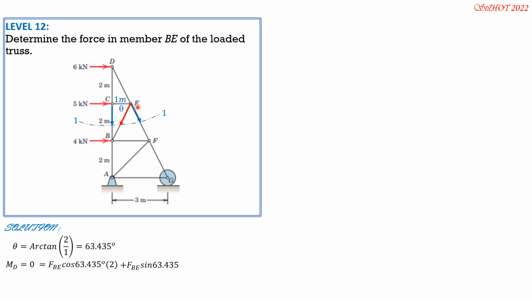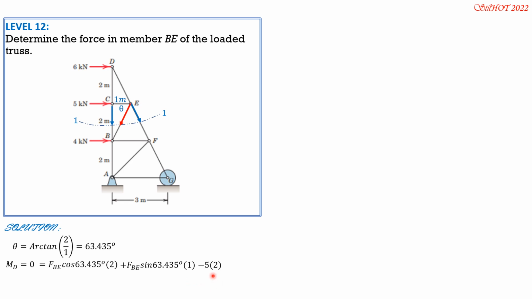The moment arm is 1. Then there are only two forces above section 1-1, 5 and 6. But 6 acts at D, so it has no moment, only this 5. 5 is counterclockwise, so minus 5 times 2. So from here, we can solve FBE.